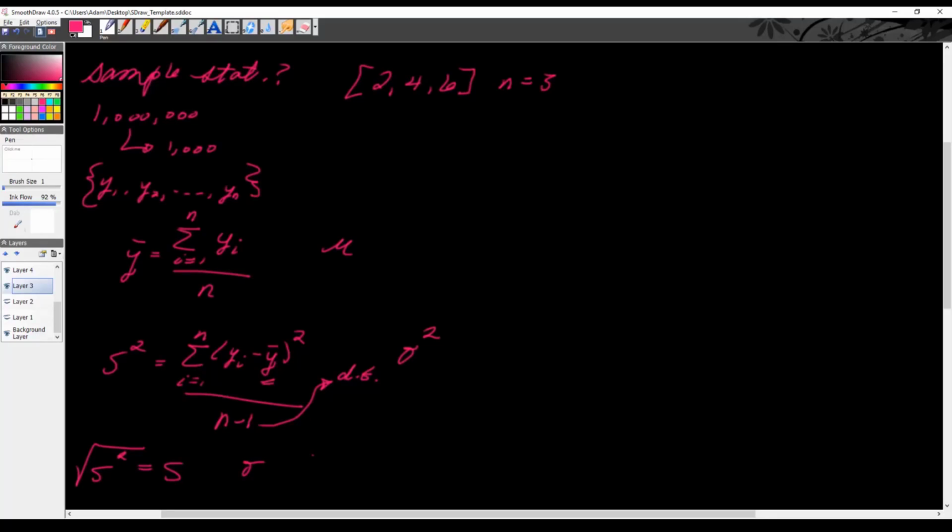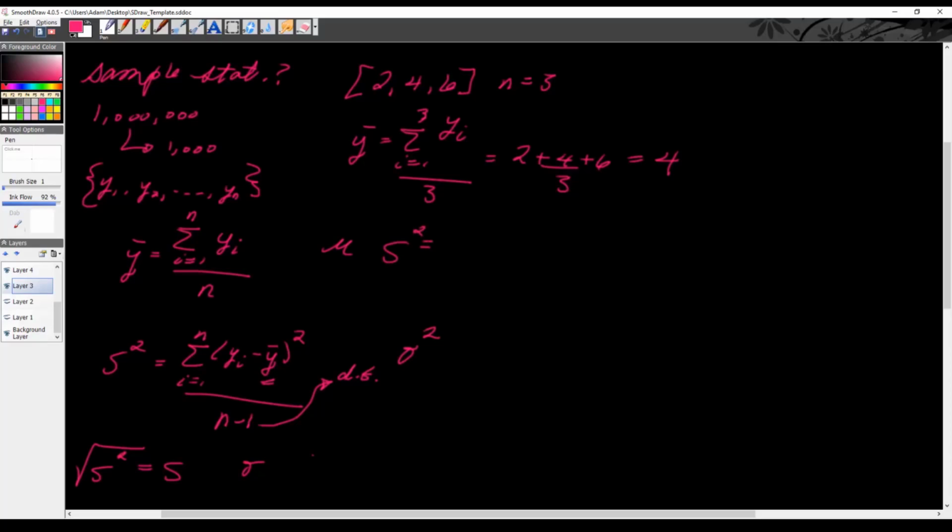This might be some characteristic that we're interested in studying, but this is a random variable. The values are 2, 4, and 6. How do we solve for the mean? y bar would be the sum from i equals 1 to 3 of y sub i, all divided by 3. So 2 plus 4 plus 6 divided by 3, which is equal to 4. So y bar is equal to 4.